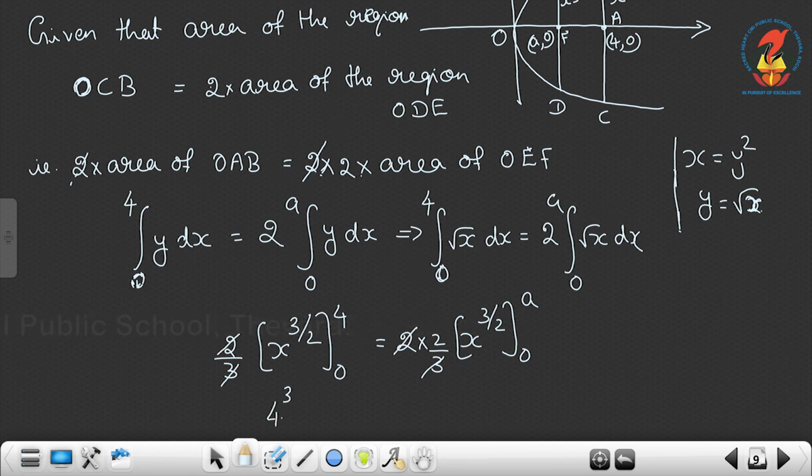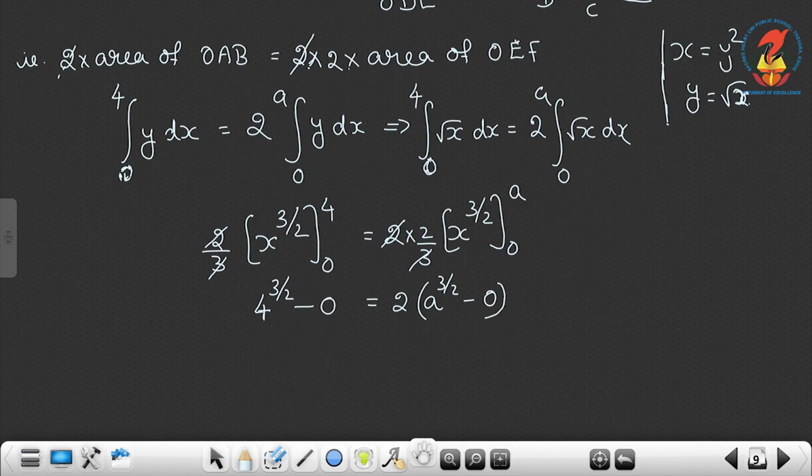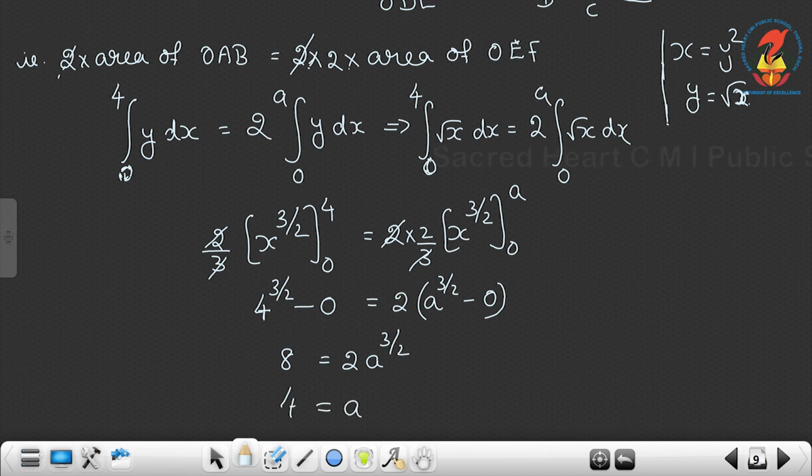So 4 raised to 3 by 2 minus 0 is equal to 2 into a raised to 3 by 2 minus 0. 4 raised to 3 by 2 is 8. So 8 is equal to 2a raised to 3 by 2, or 4 is equal to a raised to 3 by 2. So what is a? Which implies a is equal to 4 raised to 2 by 3.